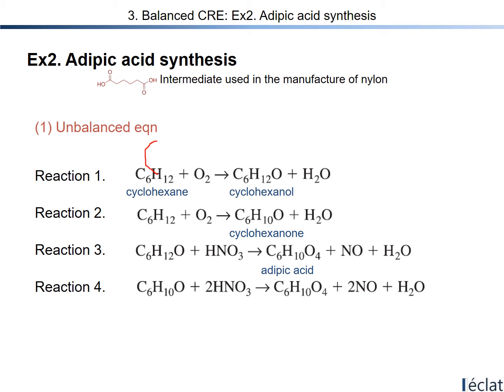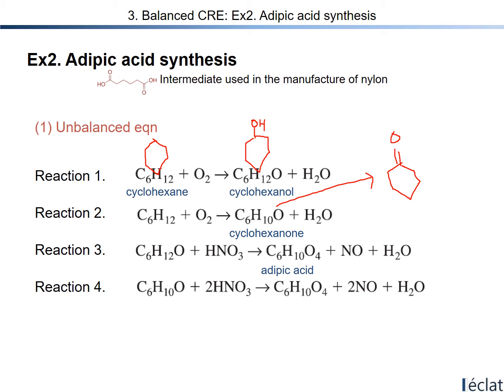Cyclohexane looks like this one, and cyclohexanol is like that with alcohol. And also the cyclohexane oxidation is going to sometimes give cyclohexanone. This one is cyclohexanone, and this one.